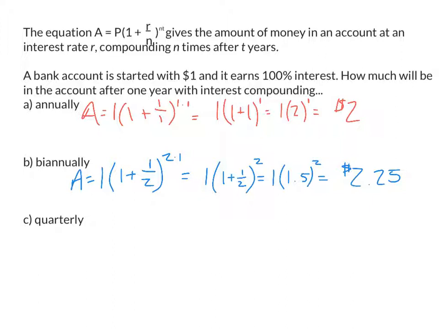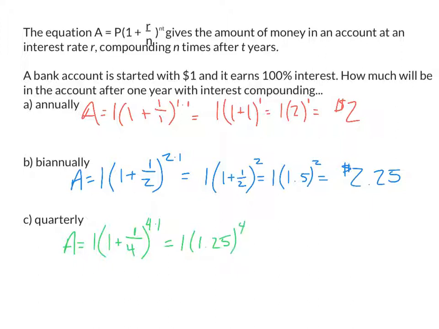If we do it quarterly, so A equals 1 times 1 plus, rate is still 1. Now we're compounding 4 times, so plus 1/4, raised to the 4 times 1. So it's 1 times 1 plus 1/4 is 1.25, 4 times 1 is 4.